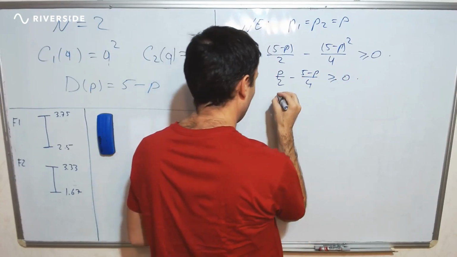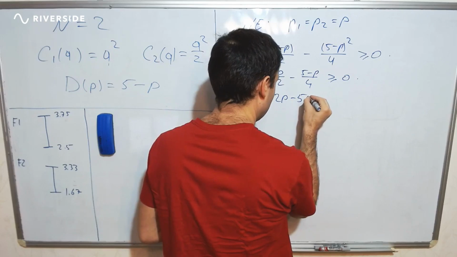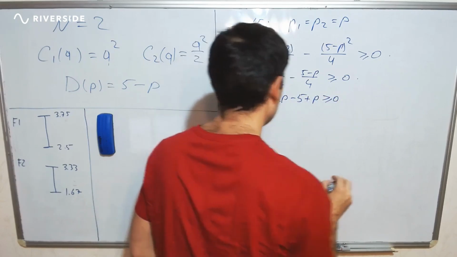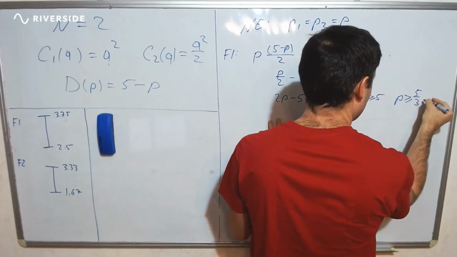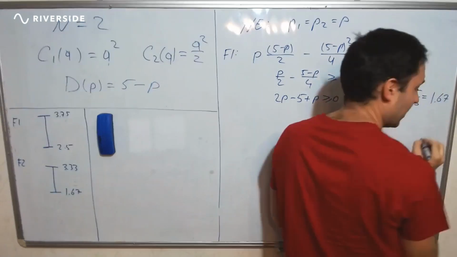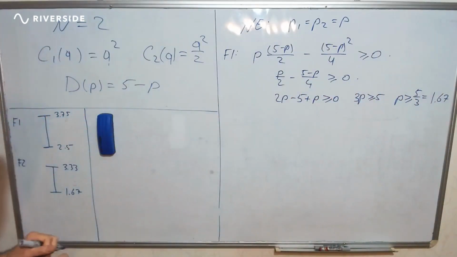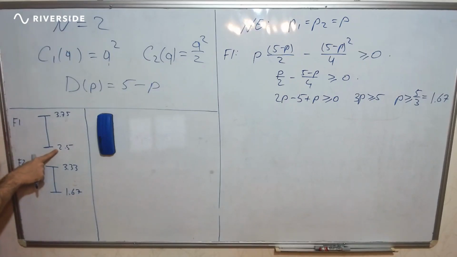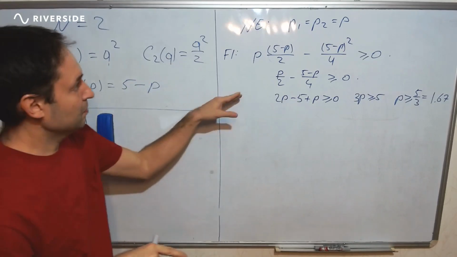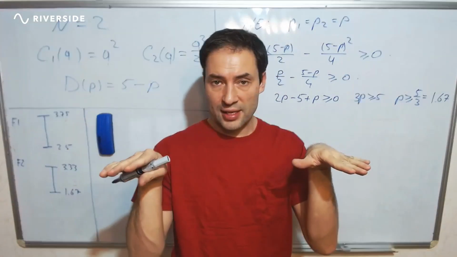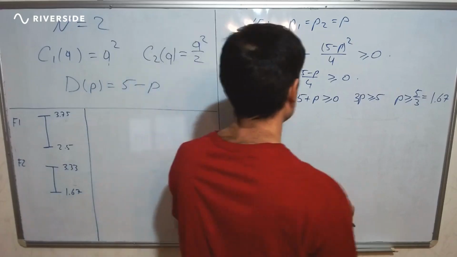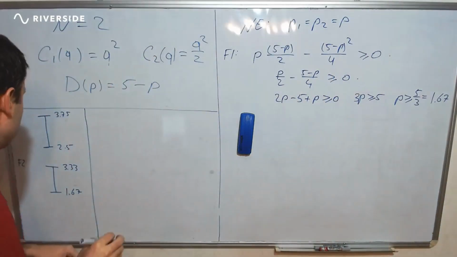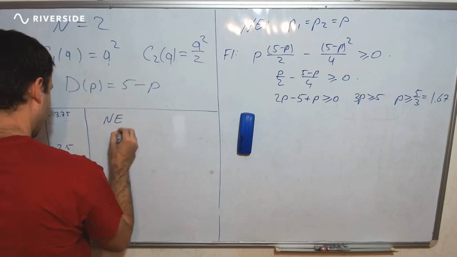Let's multiply it further by 4, get 2P minus 5 plus P greater than 0. So 3P greater than 5, P must be greater than 5 over 3, which is 1.67. Okay. So notice that when firm 1 was alone, it could only sustain a higher price. But in a Nash equilibrium, because it shares the sales, its costs are not as high, therefore the price can actually be lower and still be sustainable for firm 1. So that's 1.67.